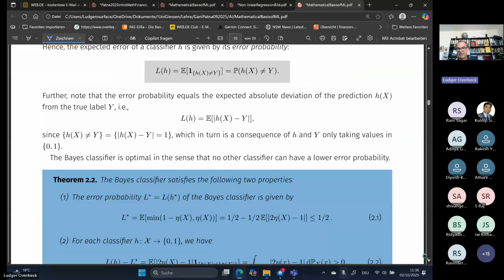L of h: you have a classifier, h of x equals 0 or 1, depending on x, and y itself is 0 or 1. h of x is your classification based on x, and y is the truth.